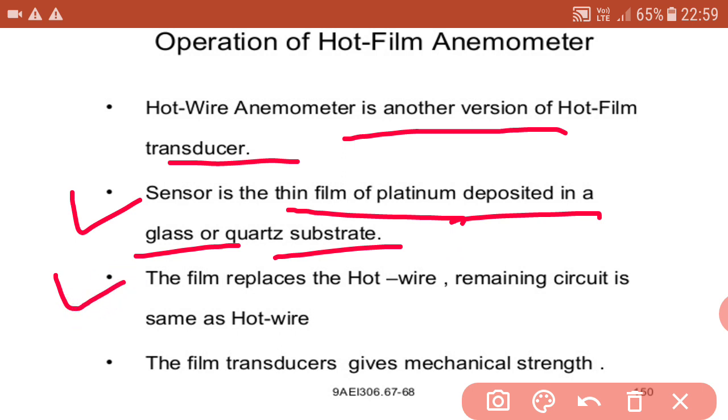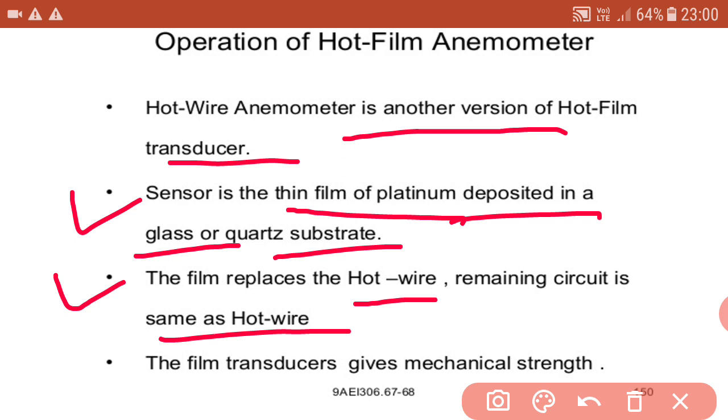The film replaces the hot wire, and the remaining circuit is the same as for the hot wire. So in place of the hot wire we put a thin film. The hot film and hot wire arrangements are almost the same; the only difference is that we replace the hot wire with a thin film.